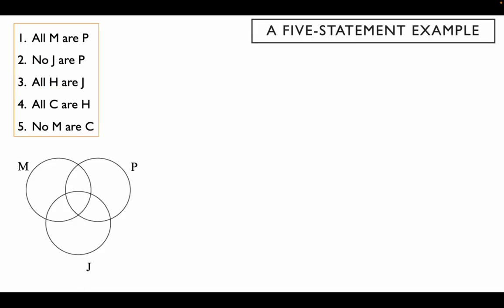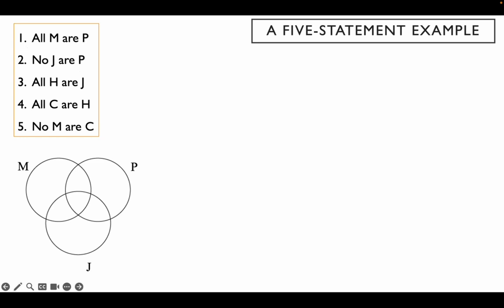Now let me give you an example of a 5-statement Sorites. Once again, we proceed in the same fashion. We diagram premise 1 and premise 2.